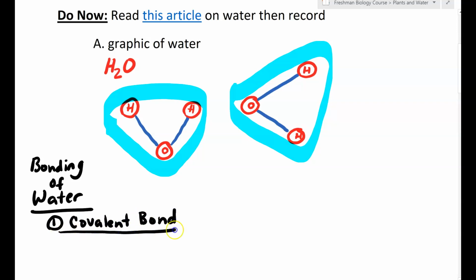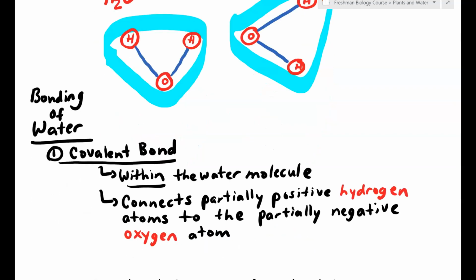All right, and this is going to be the bond actually within the water molecule. So this covalent bond connects the partially positive hydrogen atoms to the partially negative oxygen atom.